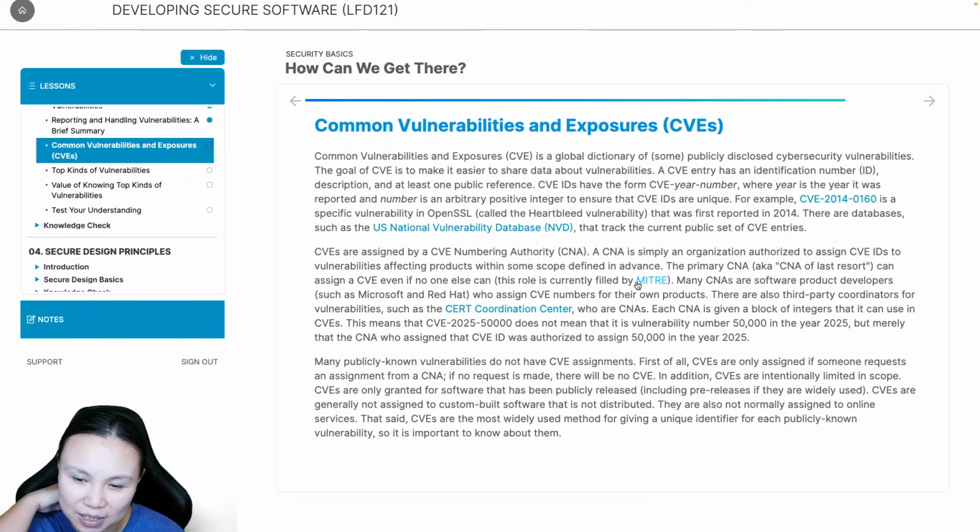It needs to be something that matters. CVEs are generally not assigned to custom-built software that is not distributed. So if it's not publicly used, it doesn't have a CVE. They are also not normally assigned to online services. That said, CVEs are the most widely used method of giving a unique identifier to each publicly known vulnerability. It's important to know them.